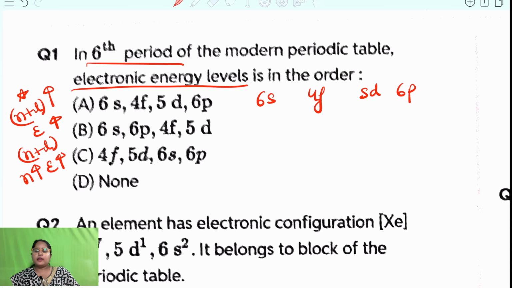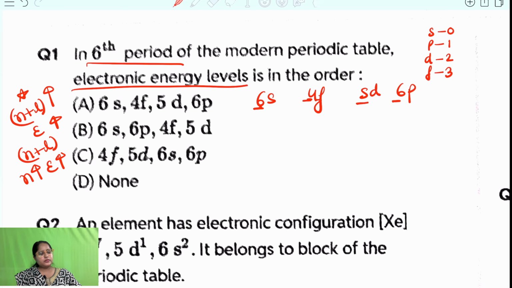Those who don't know, n is our quantum number. Which quantum number? Principal quantum number. So these numbers 6, 4, 5, 6 are all telling us the principal quantum number. And this s, p, d, f is telling us about the azimuthal quantum number, l value. For s, l value is 0, for p it is 1, for d 2, for f 3.